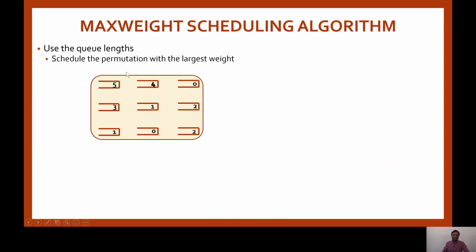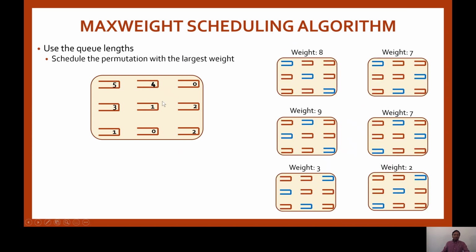Let's say this is a 3x3 switch, and these are the Q lengths at the current time. There are 5 packets waiting in this queue, and 4 in this queue, and so on. Since this is a 3x3 switch, there are n factorial permutations, 3 factorial, which is 6 permutations. I show all the 6 permutations here, where the blue queues highlight which queues are in service. For each permutation, I calculate its weight.